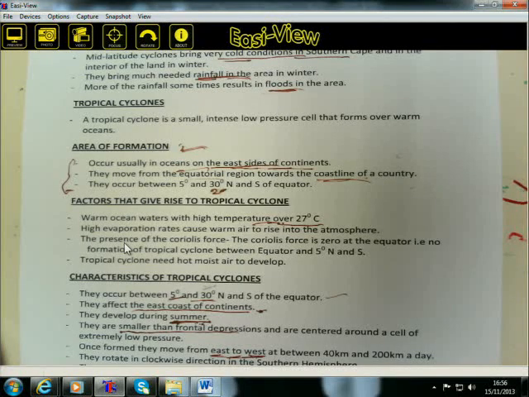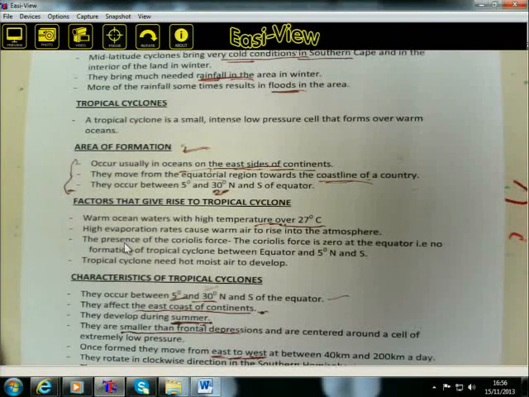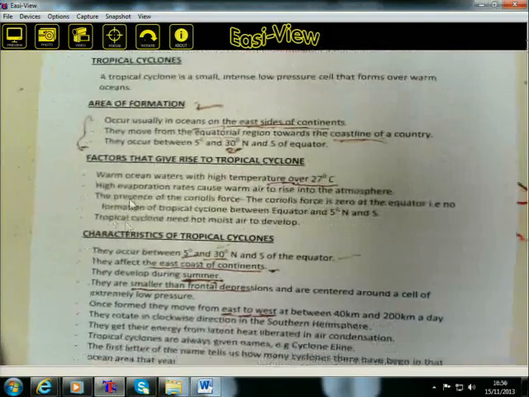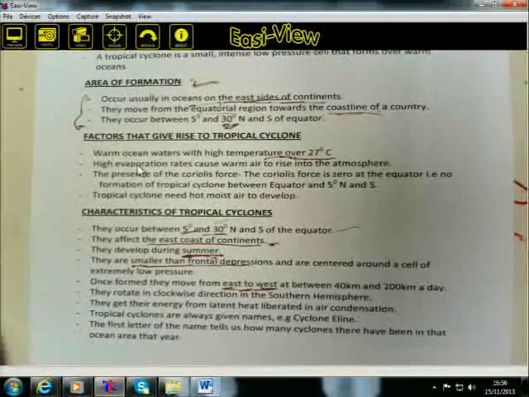Just like the mid-latitude cyclone, they also rotate in clockwise direction in the southern hemisphere. Remember, we have said that the two are low pressure cells.